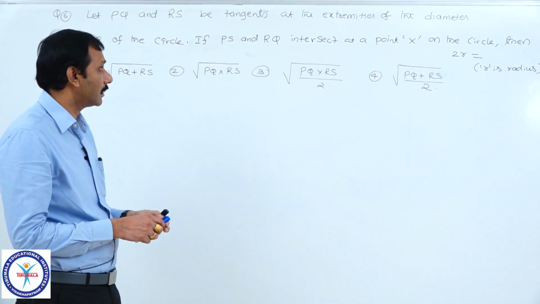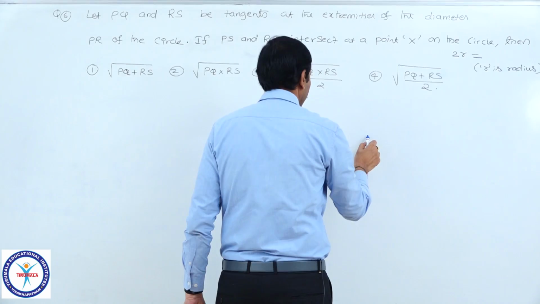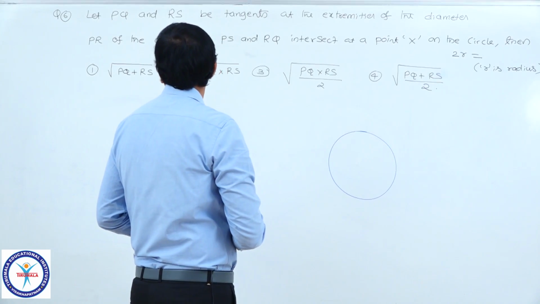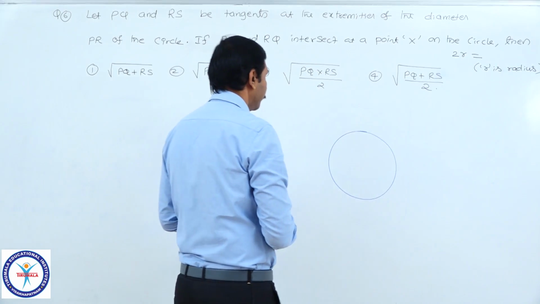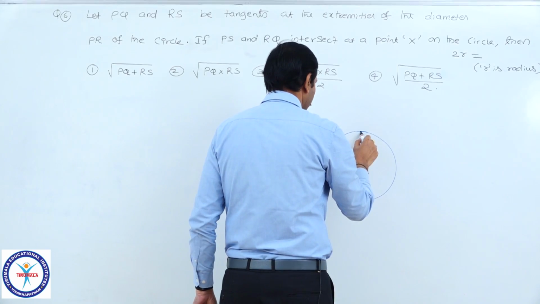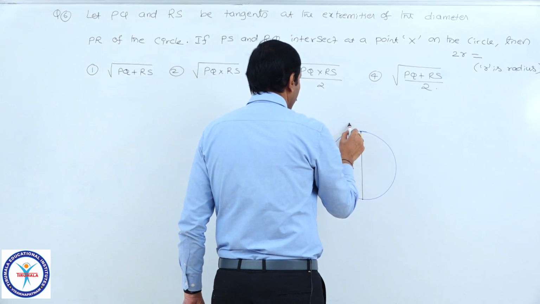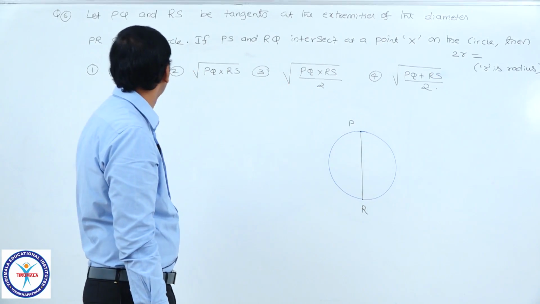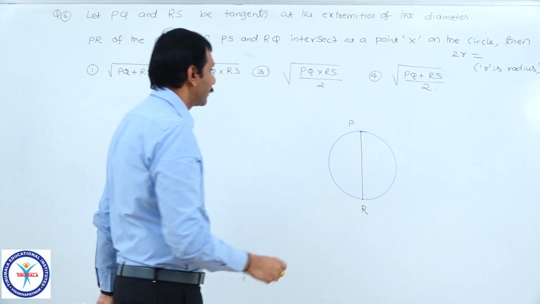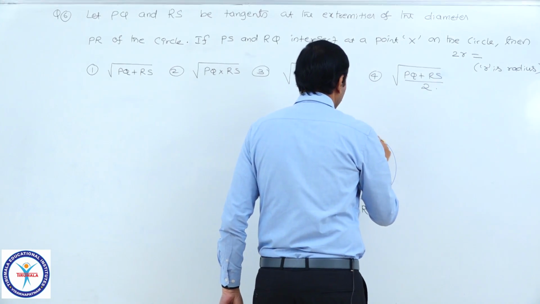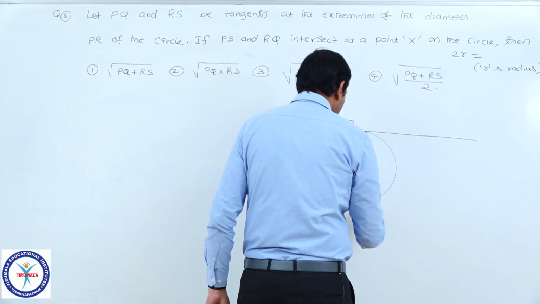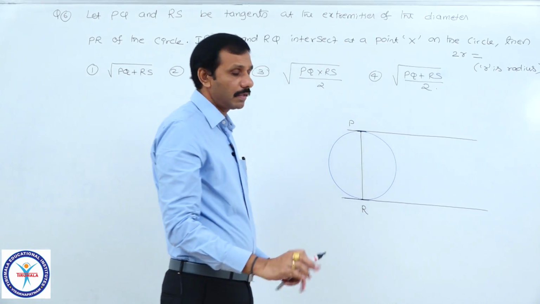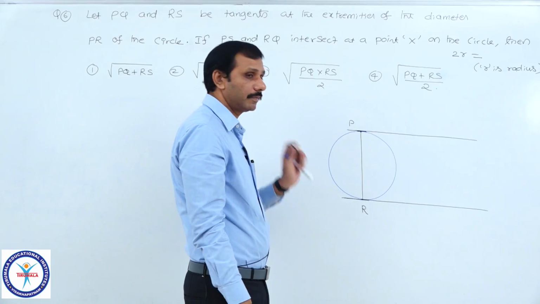We will see this. First let us draw the diagram, we will get an idea. It is a circle I will take. Now what is the diameter PR? It is point P, it is point R, it is the diameter. Now tangents PQ and RS. Yes, because these are the ends of the diameter, the tangents are parallel. This tangent and this tangent will not intersect, they are parallel lines because it is the diameter.